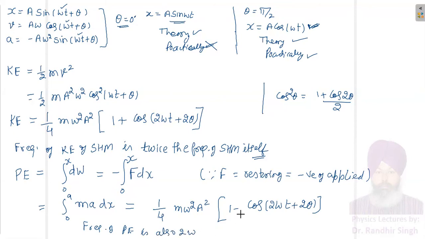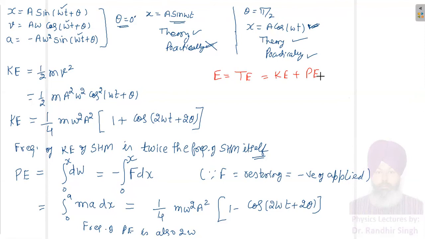What should be the total energy? I am not interested in moving to a new page, so I can use this place for total energy. How to find total energy? Because we have less time. Total energy, I will use the symbol E for it, is the sum of kinetic energy and potential energy.